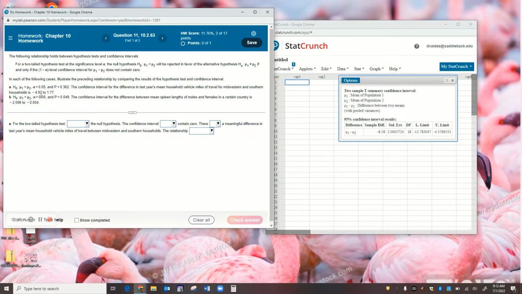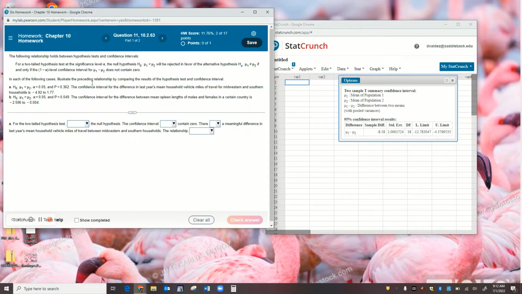So here, look, they're telling us: here's my null, alpha's at 0.05, here's the p-value. The confidence interval for the difference in last year's mean household vehicle miles of, all of this is irrelevant. I'm just going to look at the confidence interval, negative 4.92 to 1.77. Does that contain 0? Yes, it does.